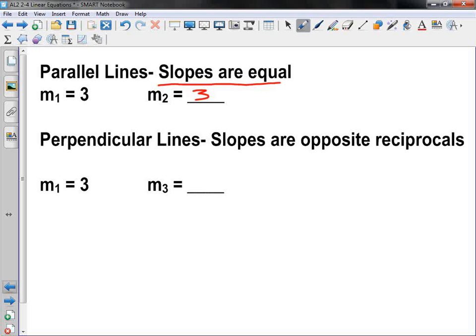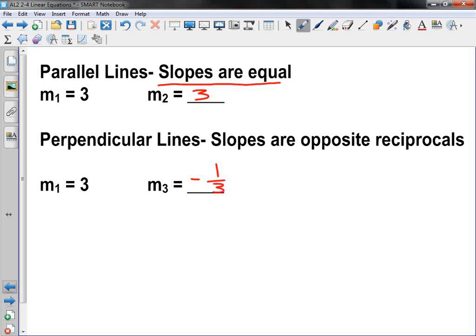Perpendicular lines, their slopes are opposite reciprocals. Okay? So let's look at line 1 again with a slope of 3. Close. We have a negative. There's going to be a 3 in it, but we need to do the reciprocal part, right? So instead of 3, it's going to be negative 1/3.